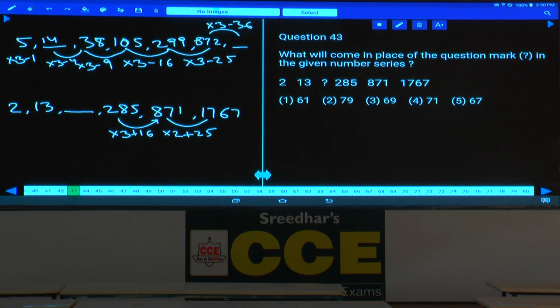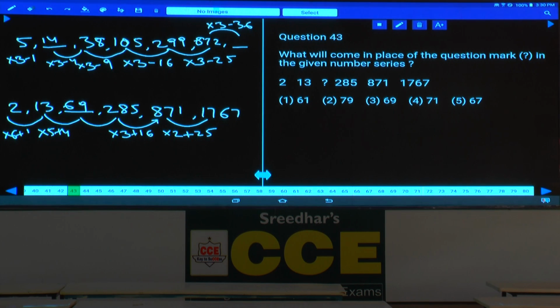Into 2, into 3, this must be into 4, this is into 5, this is into 6. Now 2 into 6, 12 plus 1 is 13, 13 into how much? 13 into 5, 61 plus 4, 69.